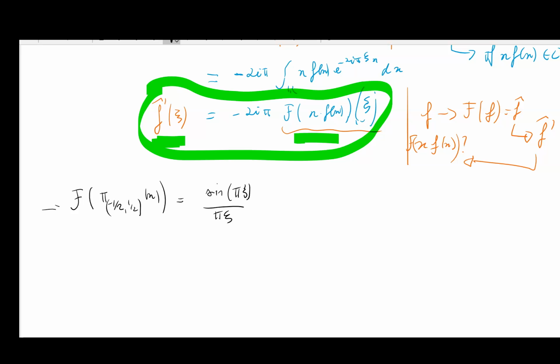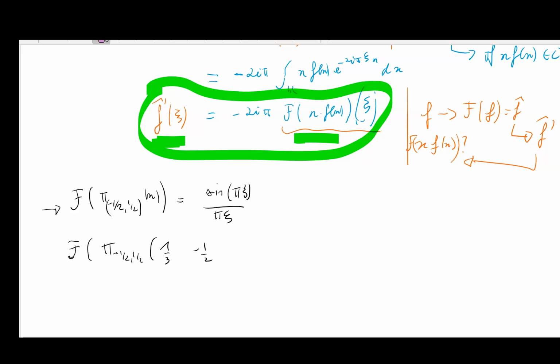Let's use one of the formulas we have found earlier. Let's try to find the Fourier transform of the gate function applied to, let's say, 1 over 3 times x minus 1 over 2. No, let's even make it a bit harder.